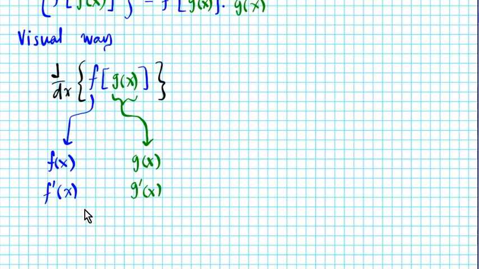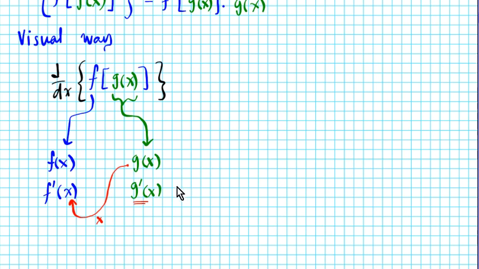So you have the derivative of the outer function evaluated at the inner, which basically means you take the inner function and plug it into the derivative of the outer function. You plug it into the x. Alright? And then you multiply that by the derivative of the inner function.